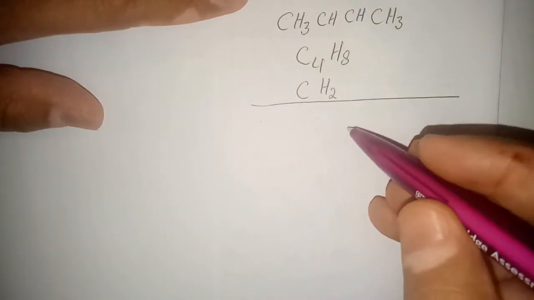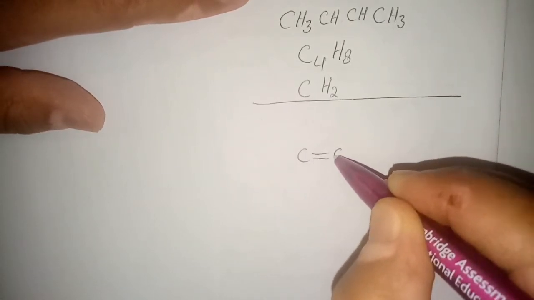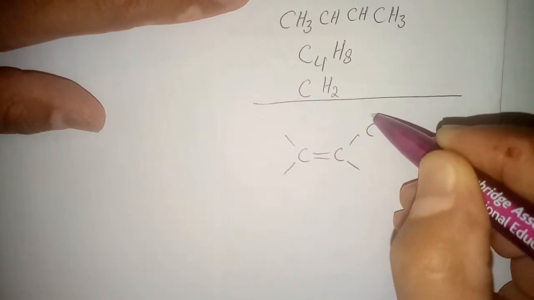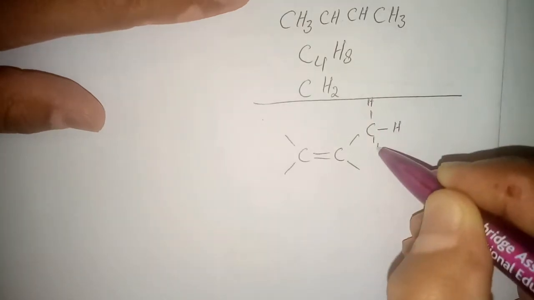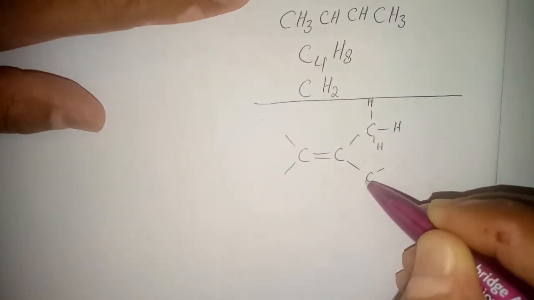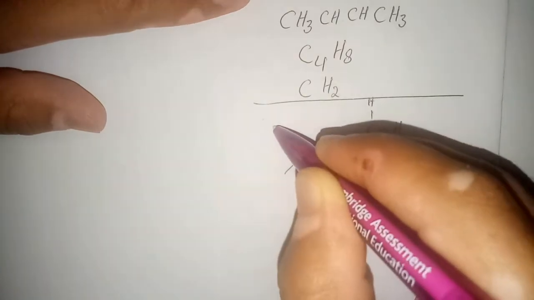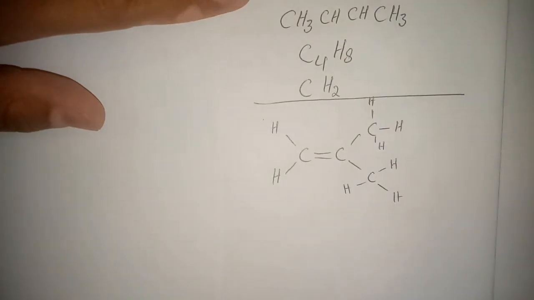For example, I have to draw a structure like C here, and I draw one carbon atom to this terminal and another one to this terminal, and then preferably I draw these hydrogens.